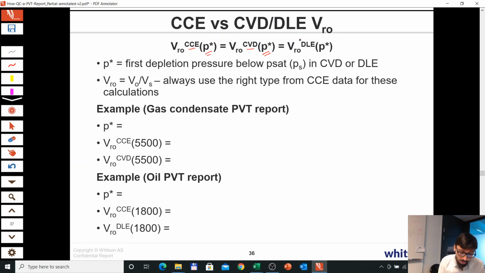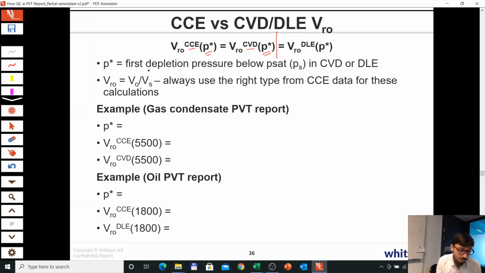Let's forget about the DLE for now. But if you have CCE and CVD, most probably if it's a gas condensate reservoir, even for volatile oils and critical fluids, we recommend doing the CVD experiment. So if you have both CCE and CVD experiments, the CCE relative oil volume should be equal to the CVD relative oil volume at this special pressure P star. And what does this pressure mean?